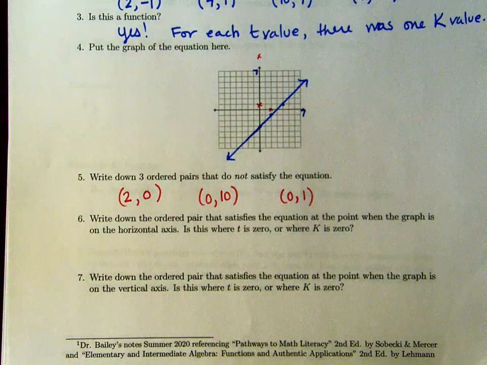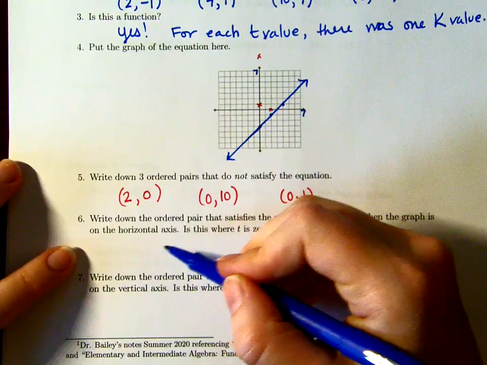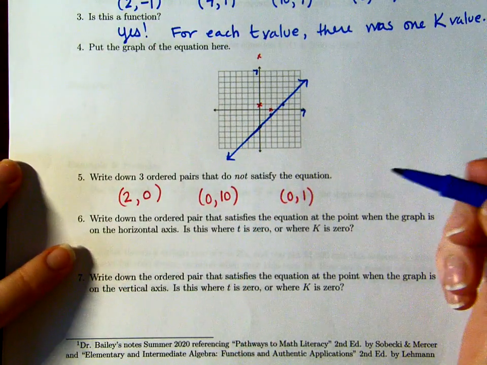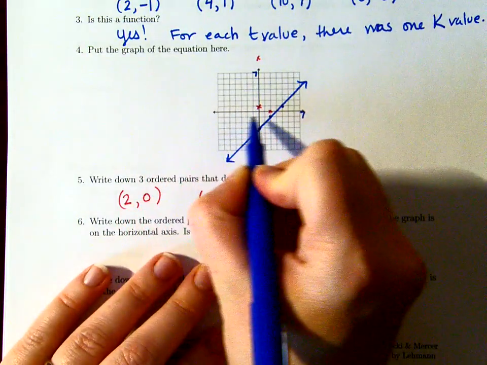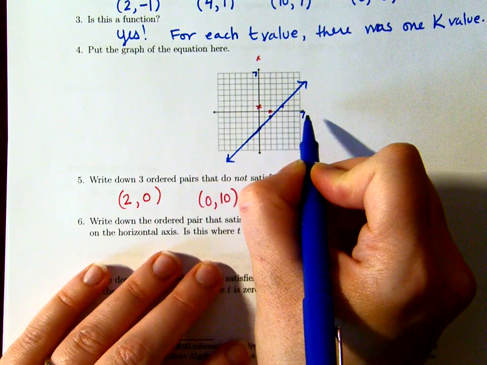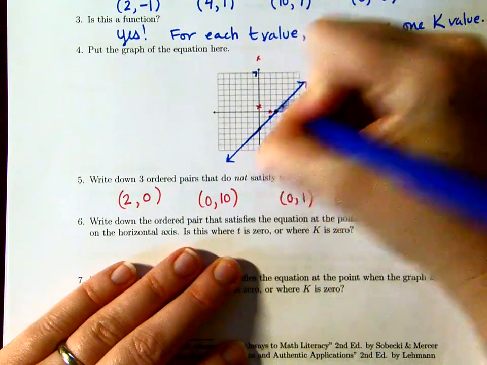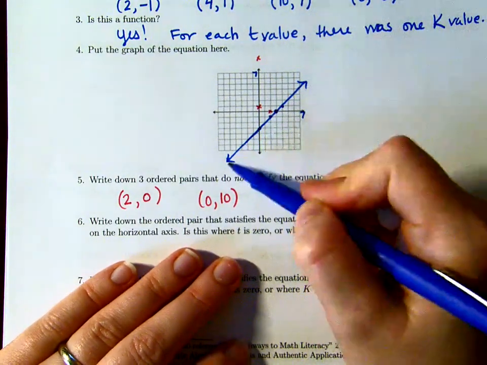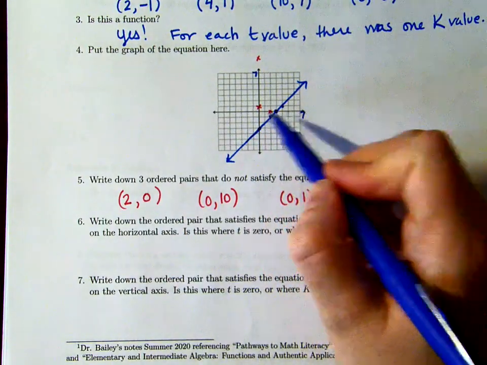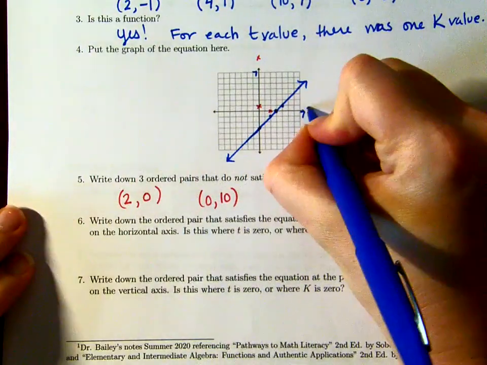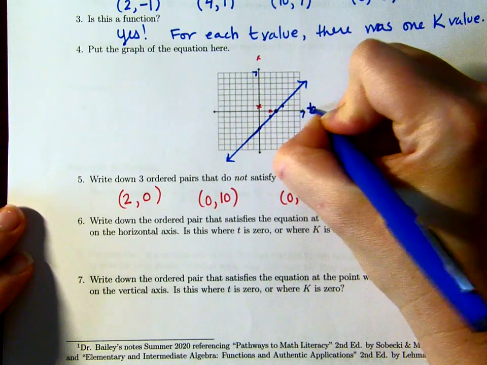Write down the ordered pair that satisfies the equation at the point when the graph is on the horizontal axis. Okay, horizontal. That means like this, running left to right here. And here is the point where our line, which is slanting upwards, hits that left to right axis. Let's label it. Oh wait, that is our t.